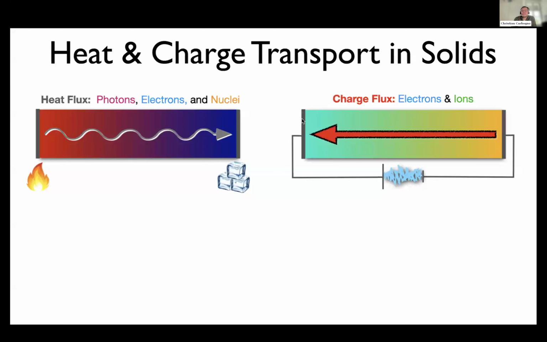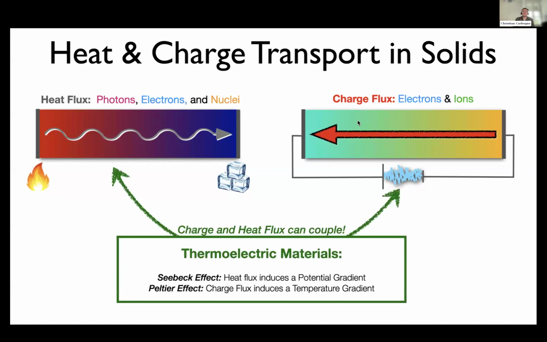So these processes are in principle related, and since electrons and ions can transport both charge and energy, you can also couple these processes. This gives rise to the so-called thermoelectric effect, in which you can induce a potential gradient through a heat flux. This is called the Seebeck effect. And the inverse effect, where you use a charge flux to induce a temperature gradient, is called the Peltier effect.